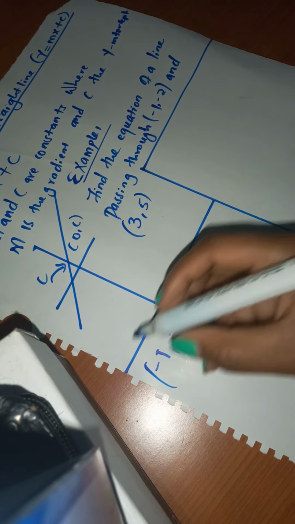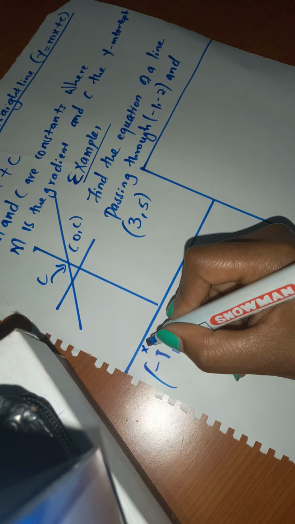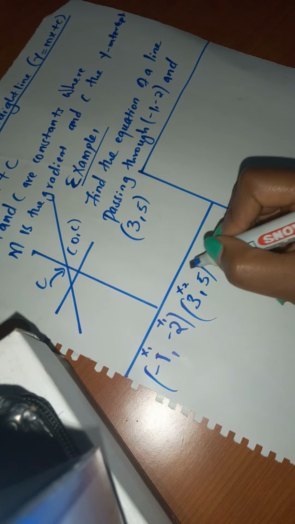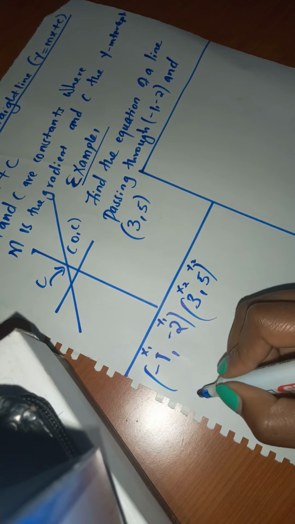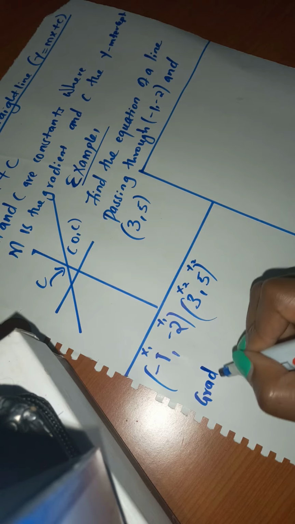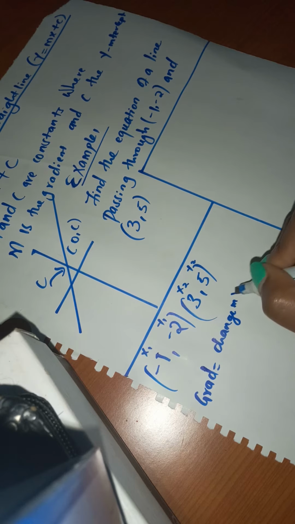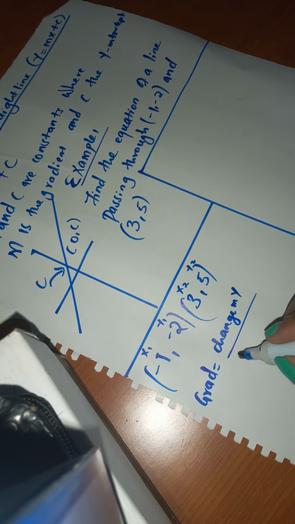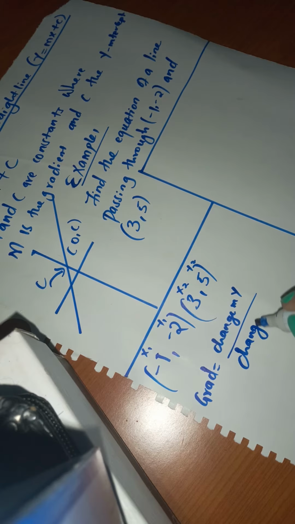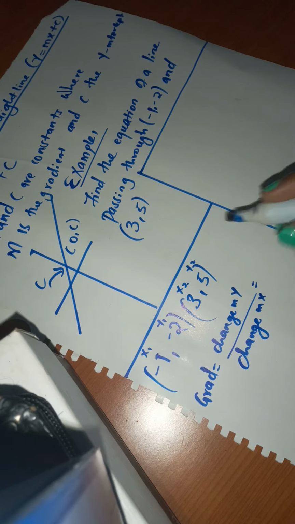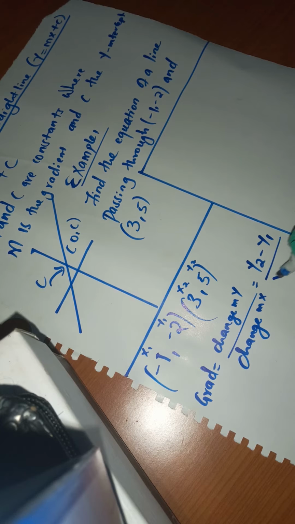To get the gradient, we were calling these x1, y1 and x2, y2, and we're saying the gradient is equal to the change in y divided by the change in x, which is the difference. So y2 minus y1 divided by x2 minus x1.